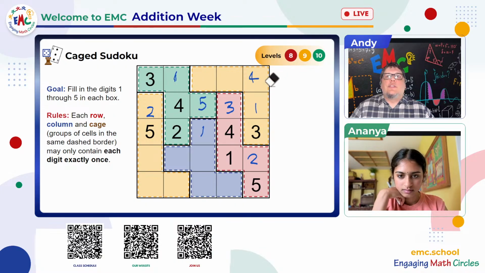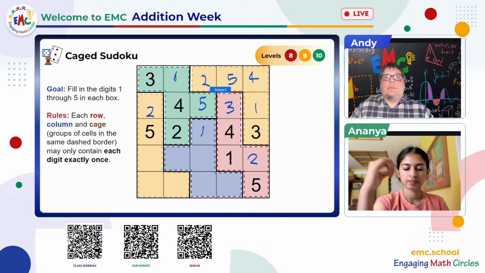And then I think we can solve the yellow box in the upper right. This one can be a 2 or... so this is 5 because there's a 5 there, and then this has to be a 2. Absolutely.